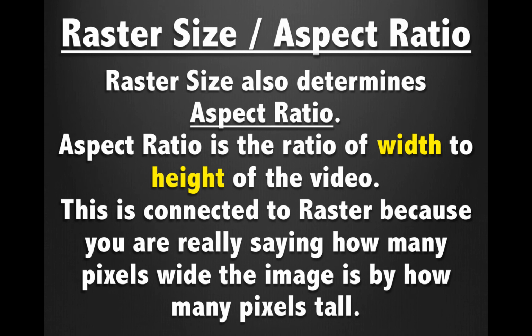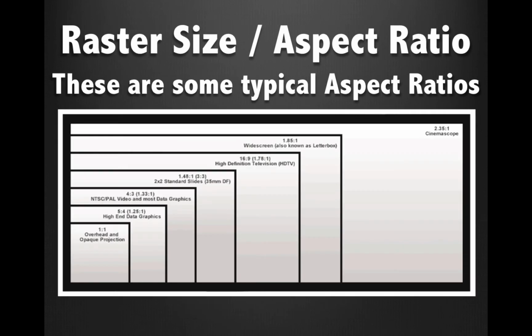But you need to understand how aspect ratio works because it's that window that you're showing the world this image through. There are tons of aspect ratios, and I'm going to include a link to a video that you don't necessarily need to watch, but I would recommend on the history of aspect ratio. It really goes through how it started, where it came from, and we're all over the map.